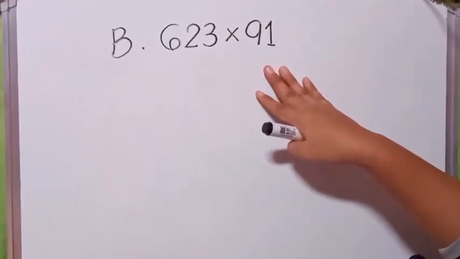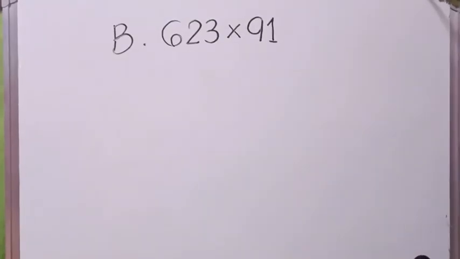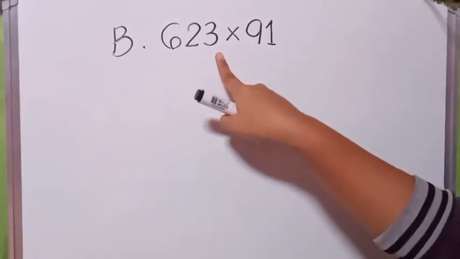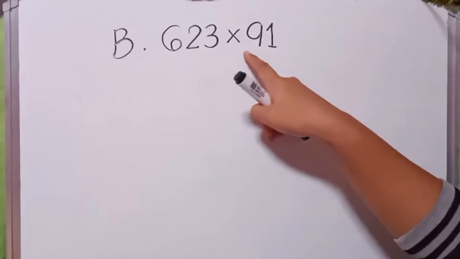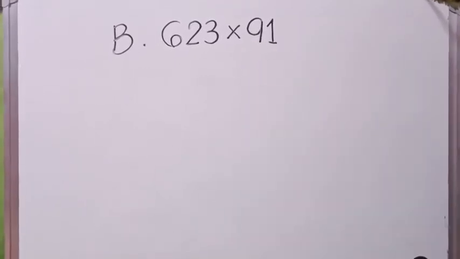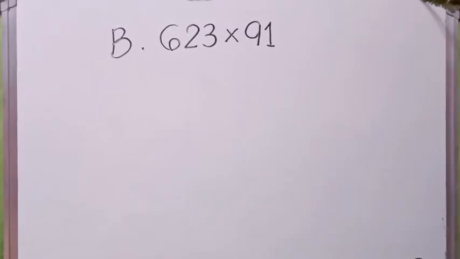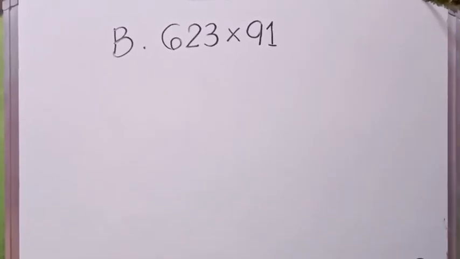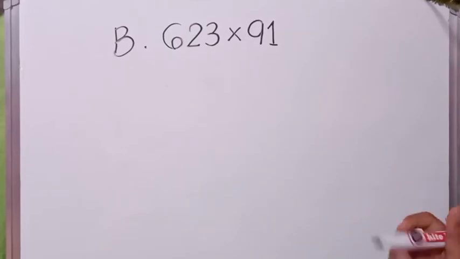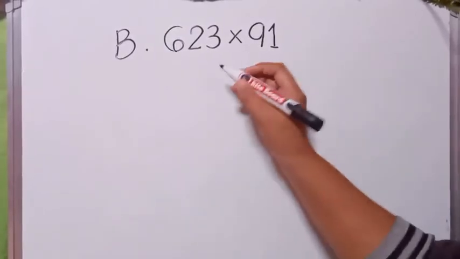623 times 91. So always remember that your 3-digit number would be on the top and our 2-digit would be on the bottom of this big number. So we will make a column method way enable for us to find its product.